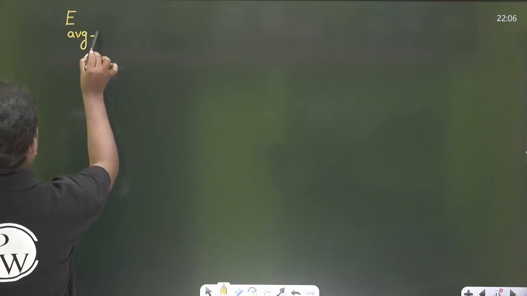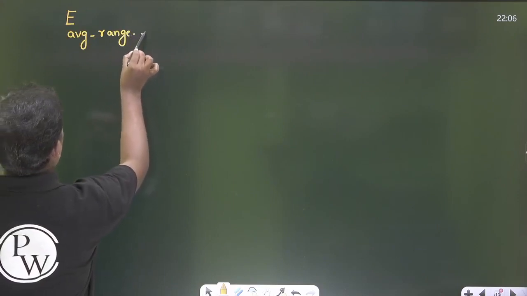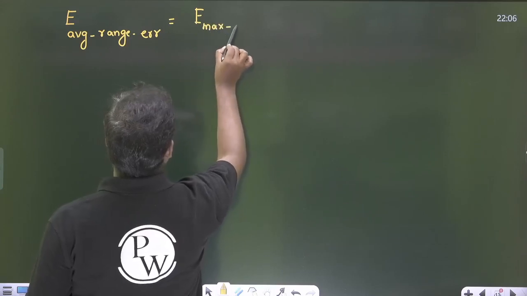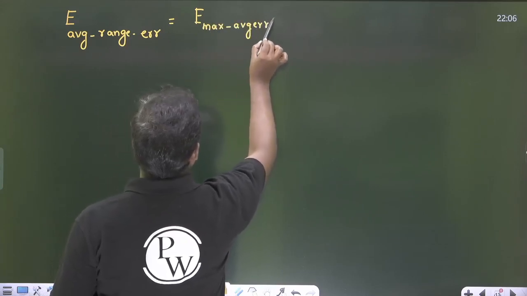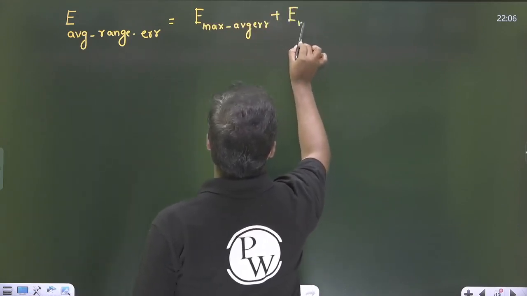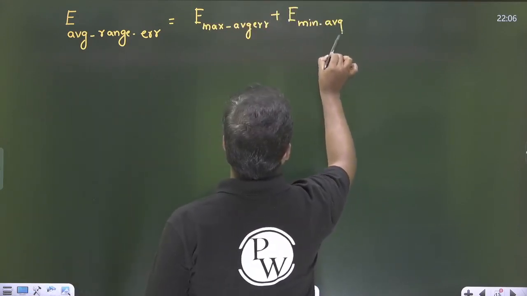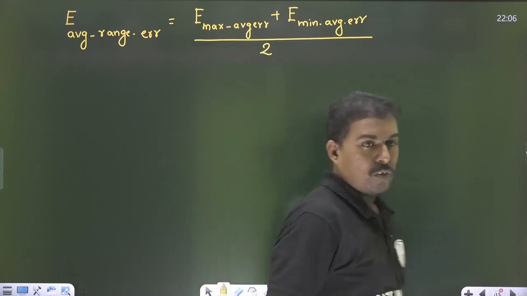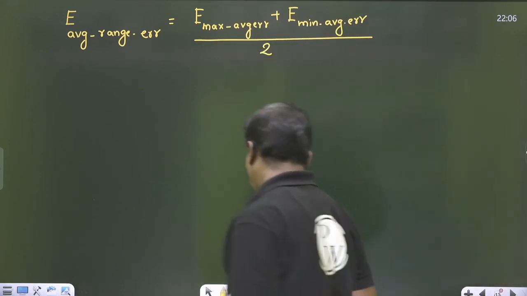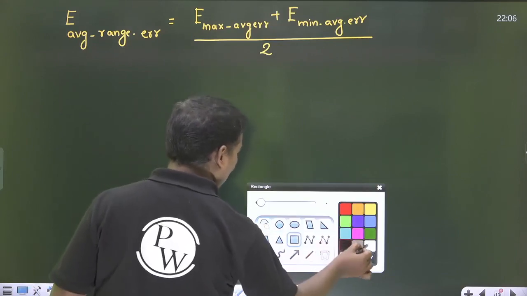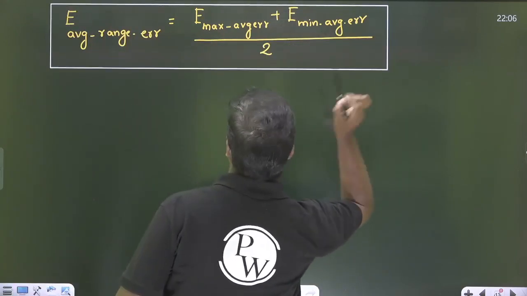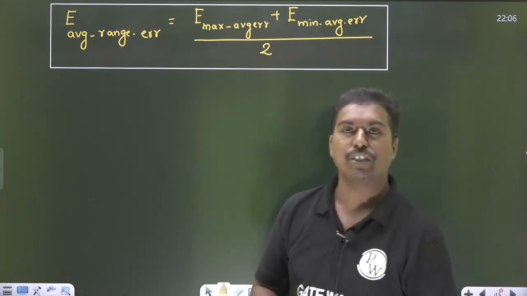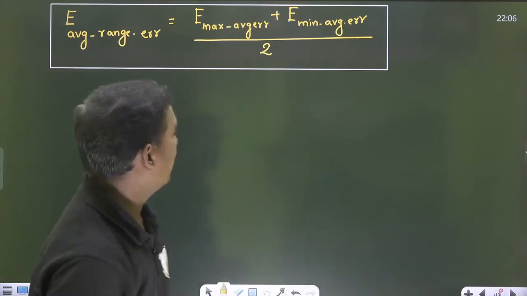That is given as the maximum average error plus the minimum average error, divided by 2. That is the formula. So in errors, you have to use these formulas. The average range of error is equal to maximum average range error plus minimum average range error divided by 2.